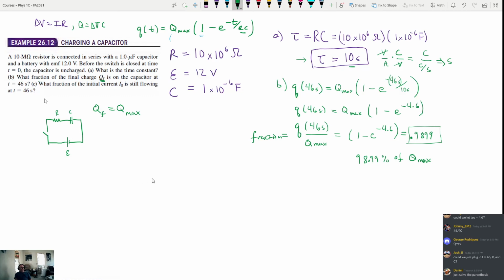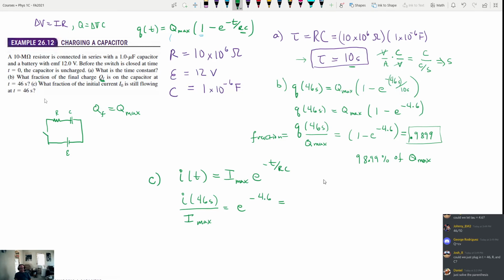All right. Part C says, what fraction of the initial current I naught is still flowing at t equal to 46 seconds? For this one, we need our current equation, which we said was this. Very similar type of equation we can do here. If we just put I at 46 seconds and divide by I max, that's going to be equal to e to the negative 4.6 again, which I'm pretty sure is going to be 1 minus this.